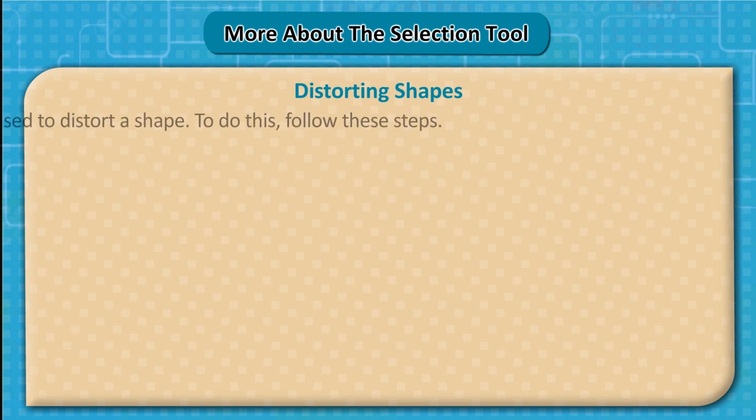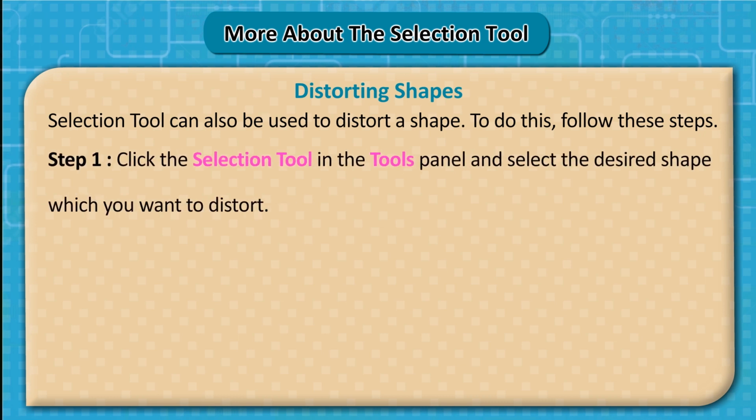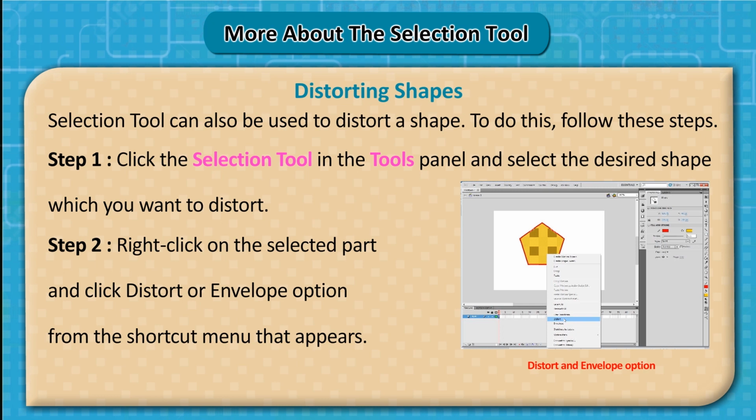Distorting shapes. The selection tool can also be used to distort a shape. To do this, follow these steps. Step 1. Click the Selection tool in the Tools panel, and select the desired shape which you want to distort. Step 2. Right-click on the selected part and click the Distort or Envelope option from the shortcut menu that appears.